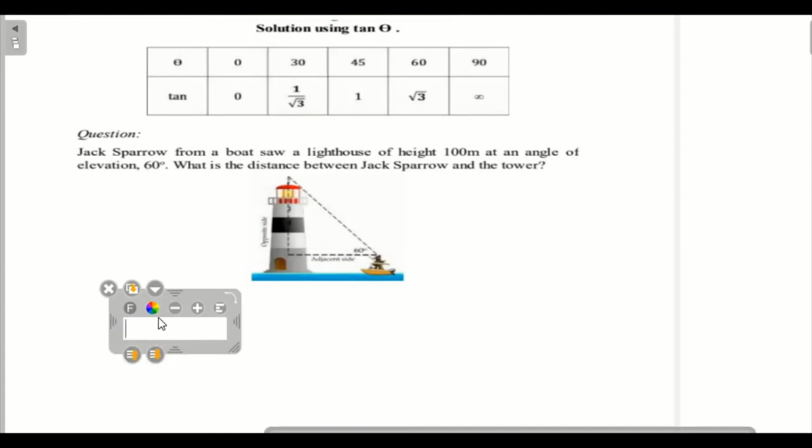So here we have the problem. So tan, it is in the 60 degree. So our angle will be tan theta equal to opposite by adjacent. So it is 60 degree. We should calculate for the angle. So it is opposite by adjacent.